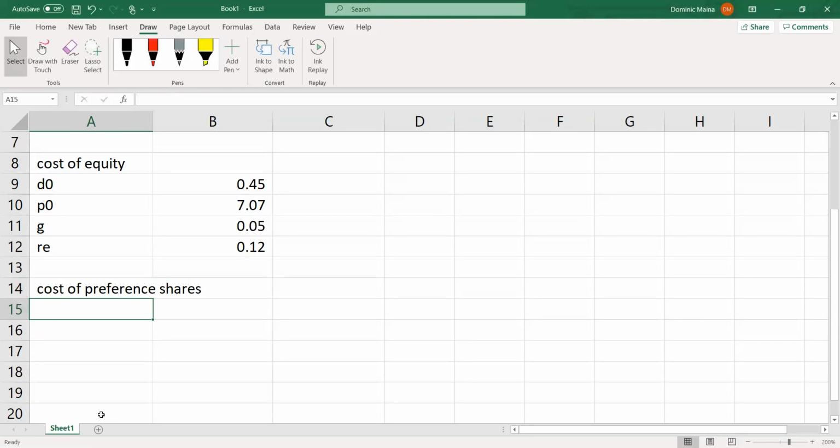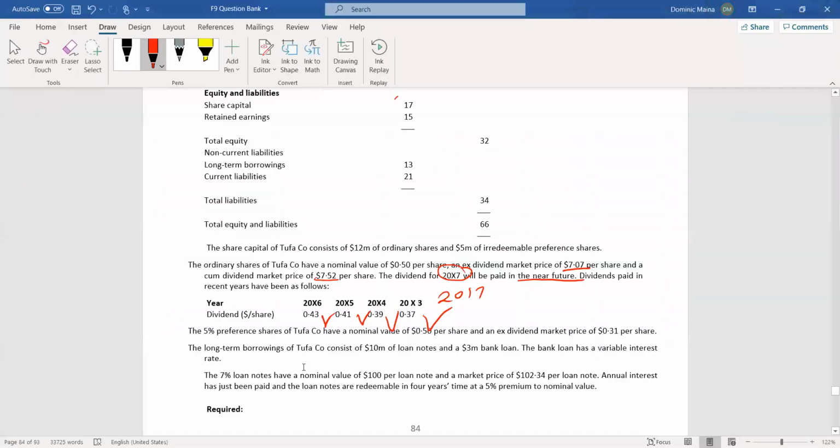And of course, don't forget, the cost of preference share will be equal to the preferred dividend divided by P naught. So referring back to our question, for the preferred dividend in this example, it is paying 5%, nominal value 0.5, market value 0.31.